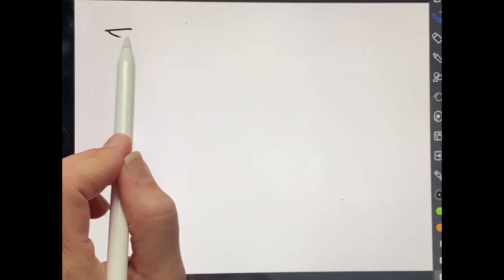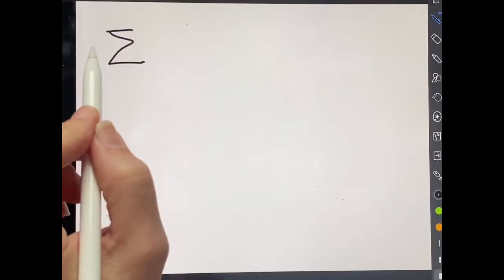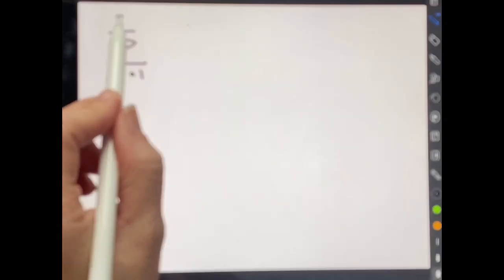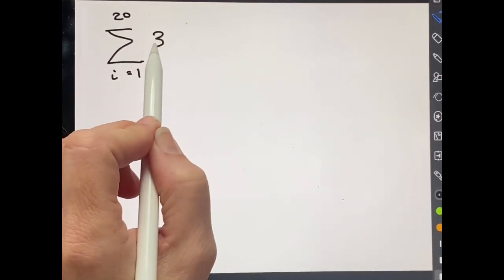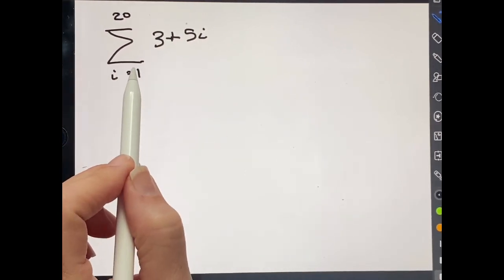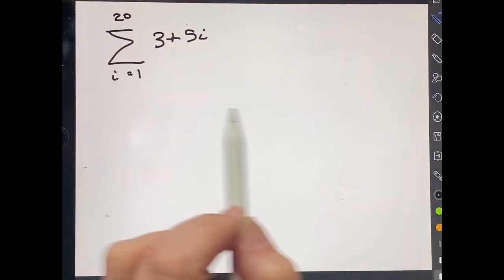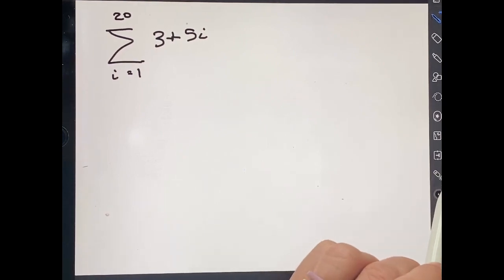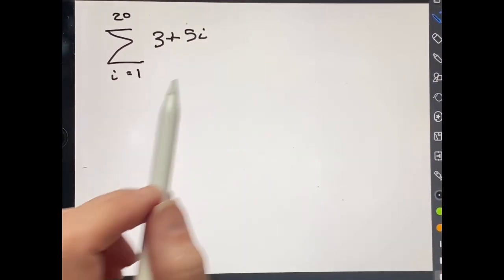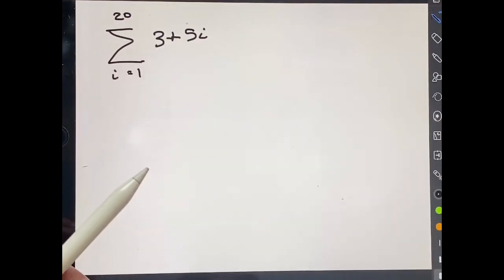So once again, we have to know how to read the instructions that they have given us. For 51, we have i equals 1 to 20 of 3 plus 5i. So this says to sum up 20 numbers. If I were to write it out, I would write out 20 different numbers. I'm going to add them all together. And the numbers are related according to the expression 3 plus 5i.